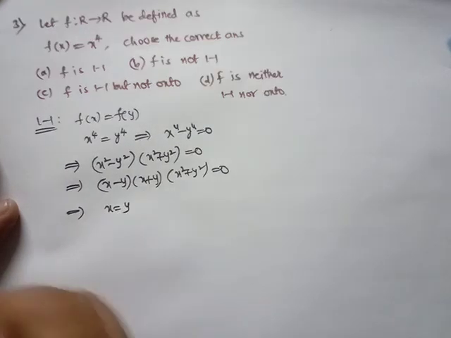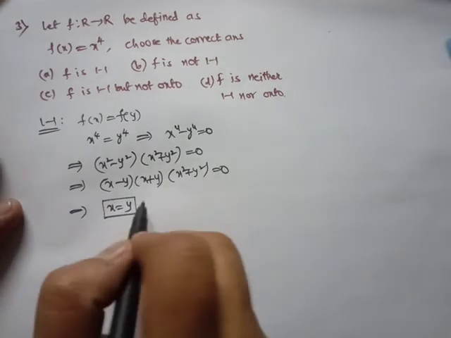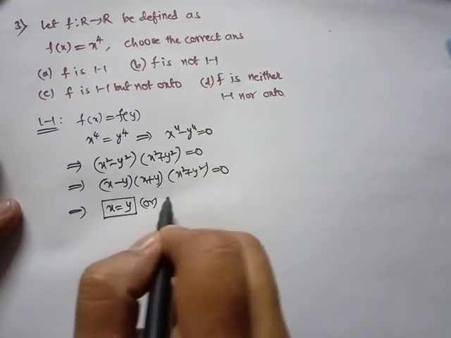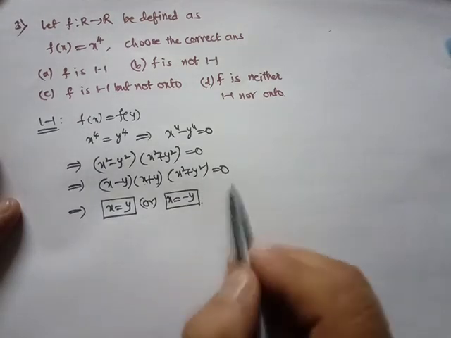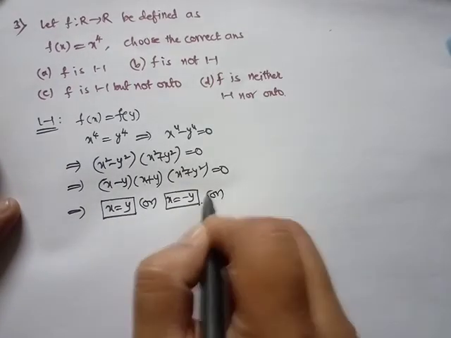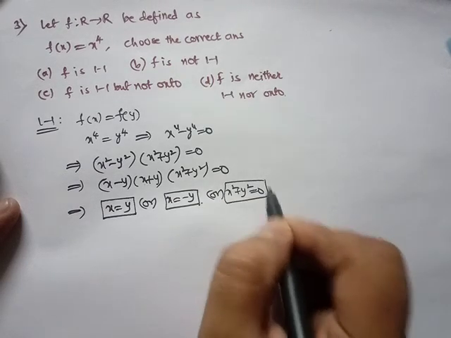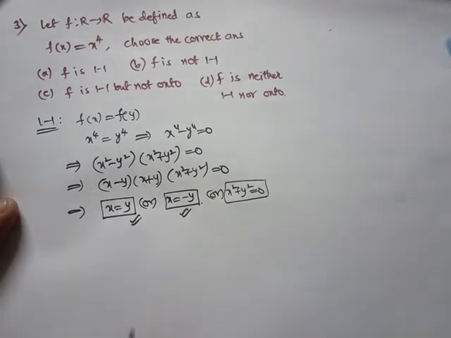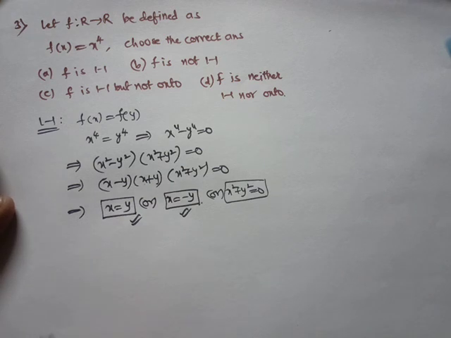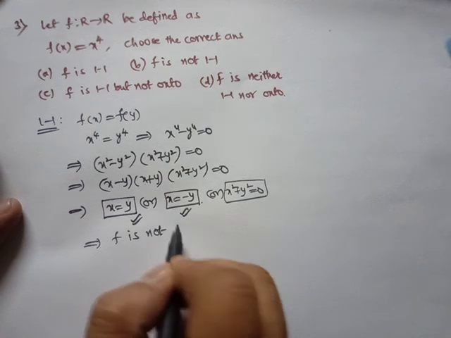So x plus y equals 0, x minus y equals 0. It's nothing but x equals y, or x plus y equals 0, it's nothing but x equals minus y. Stop here. Either x square plus y square equals 0, then you are getting both different values: for same x, you are getting both the values y and minus y. So this implies f is not 1 1.